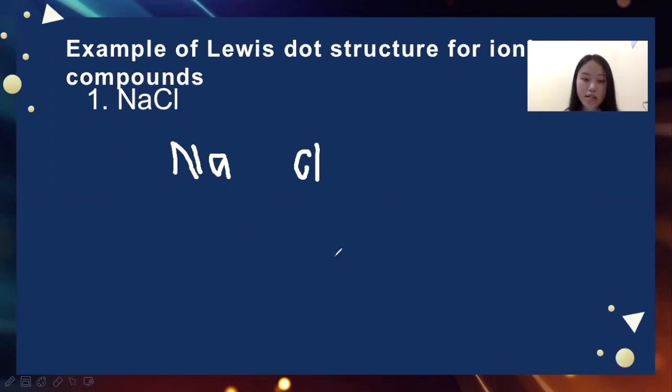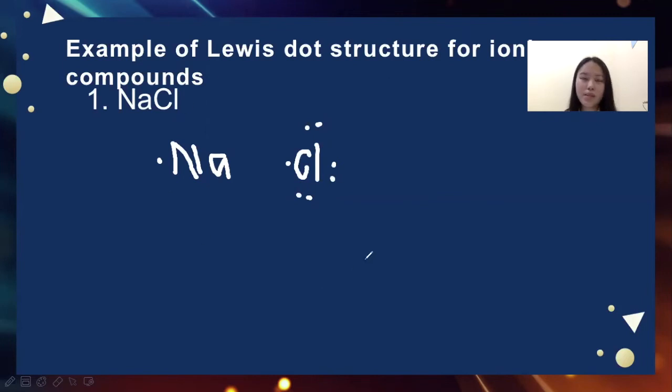In the periodic table, sodium has 1 valence electron, so let's put the dot first here. And then chlorine has 7 valence electrons, so 1, 2, 3, 4, 5, 6, and 7.